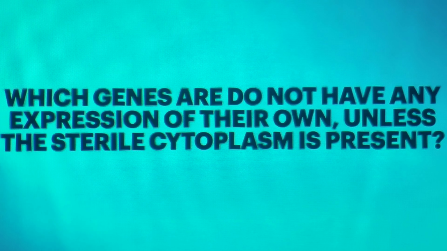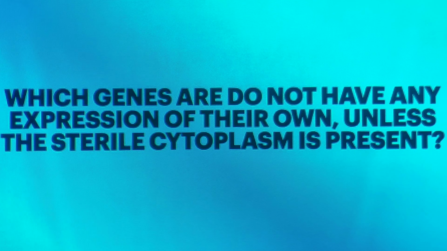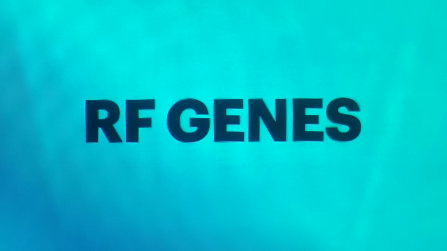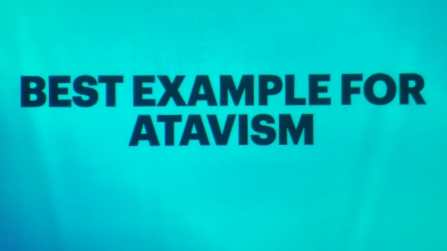N, that is normal gene, and S, that is sterile gene. Which genes do not have any expression of their own unless the sterile cytoplasm is present? RF genes. Best example for atavism?